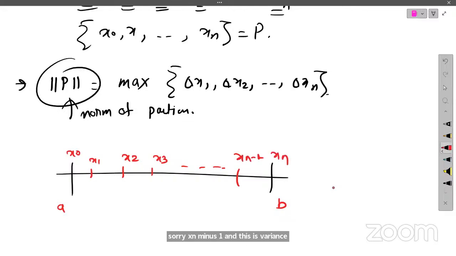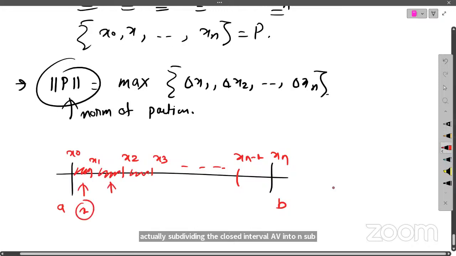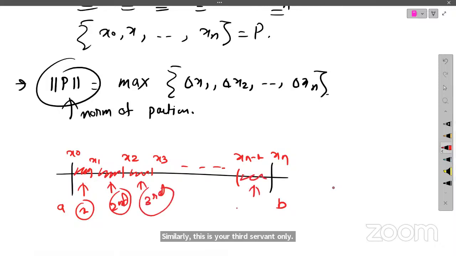So what is this partition doing? It is subdividing the closed interval AB into n subintervals, right? This is one subinterval, this is your second subinterval, similarly this is your third subinterval, and at the end, we have the nth subinterval.